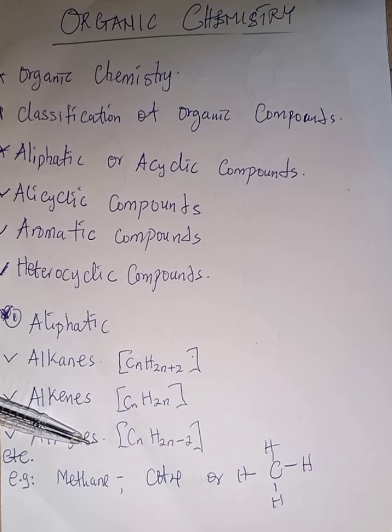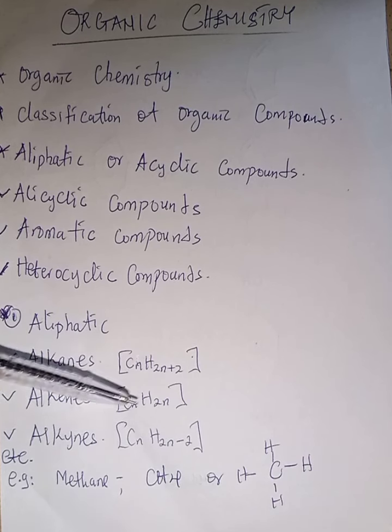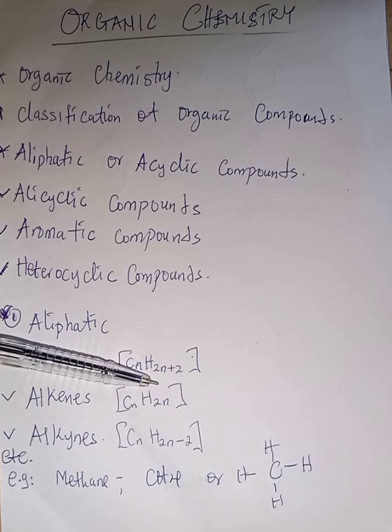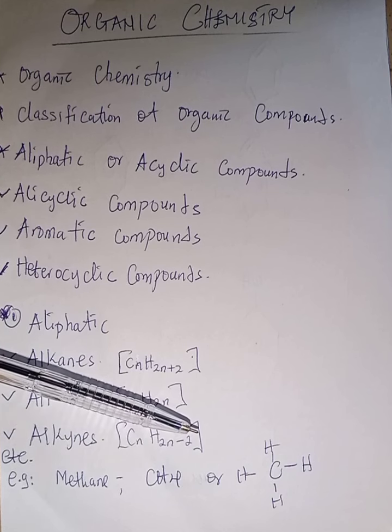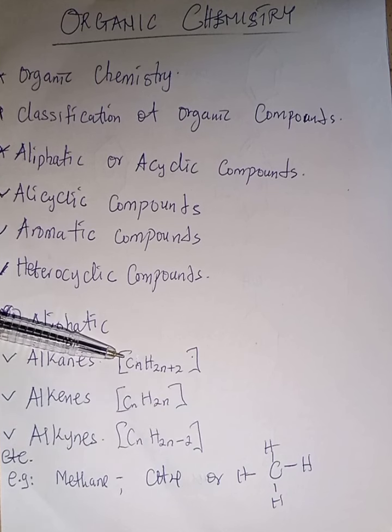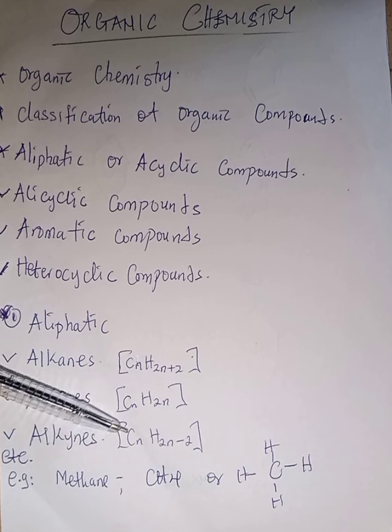The same thing applies to alkynes: n starts from 2. But for alkanes, n starts from 1. For alkenes and alkynes, n starts from 2. We don't have a first member. So this one will be ethene when n is 2, while the alkyne will be ethyne when n is 2. Take note of that. The alkane starts from 1, which is methane, but the others start from 2.